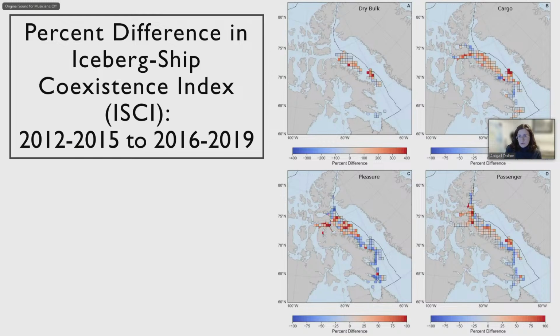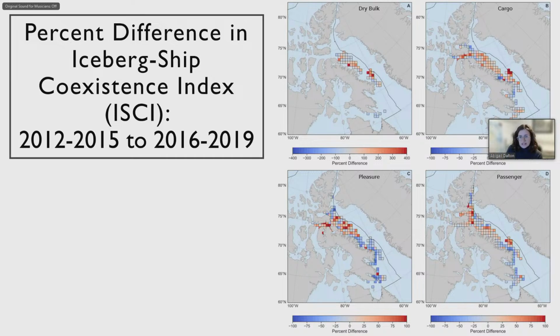So for this study, we used the previous 2 data sets, the iceberg climatology and the AIS data, to create an iceberg ship coexistence index, basically by multiplying the unique number of icebergs by the number of trips taken by a vessel in any given 50-kilometer cell in this figure. What we found was that some of the greatest increases in coexistence of ships and icebergs occurred for dry bulk, cargo, pleasure, and passenger vessels.